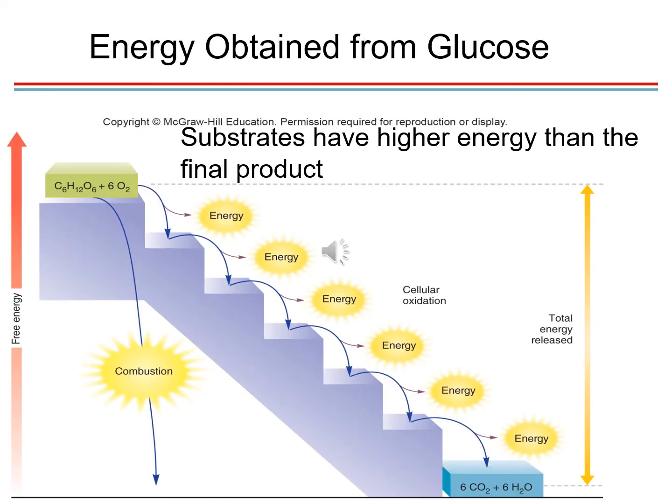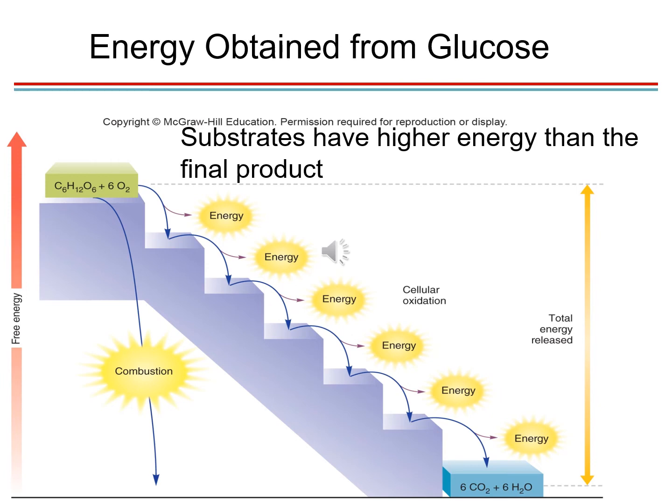In this graphic, you have the example I mentioned before. The substrates for glucose oxidation are one molecule of glucose at the top of the ladder and 6 molecules of oxygen. These substrates have higher energy than the final products at the bottom of the ladder, which are 6 molecules of carbon dioxide and 6 molecules of water.